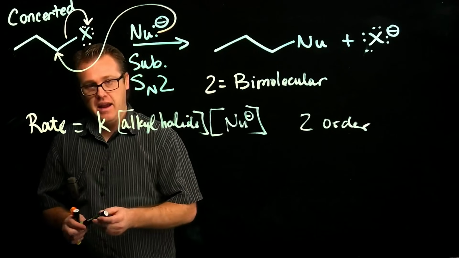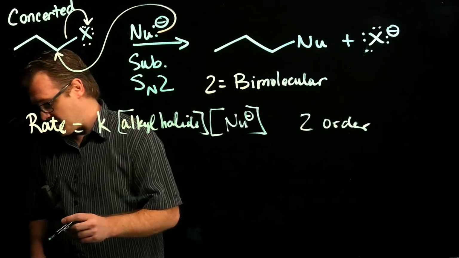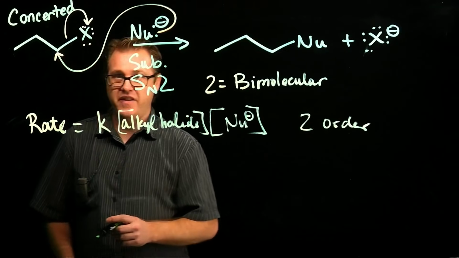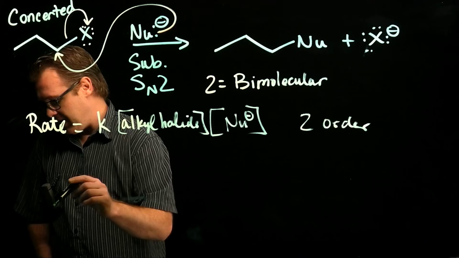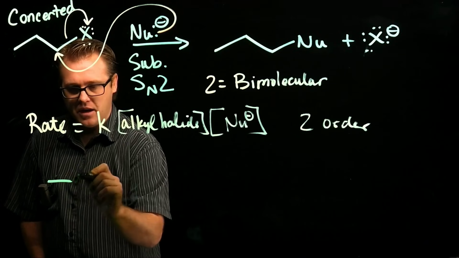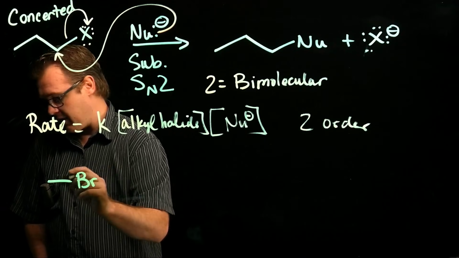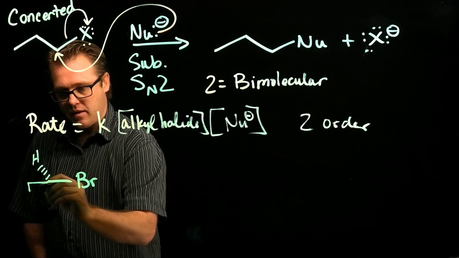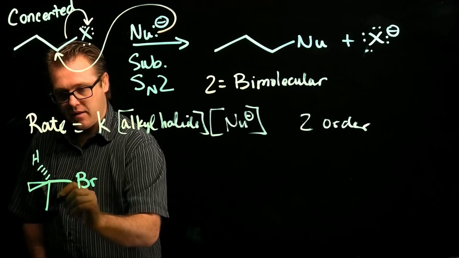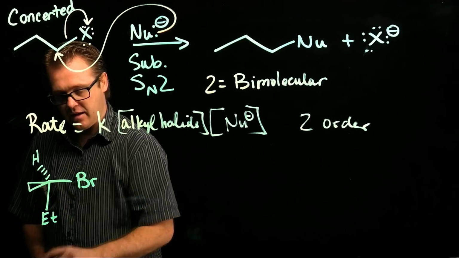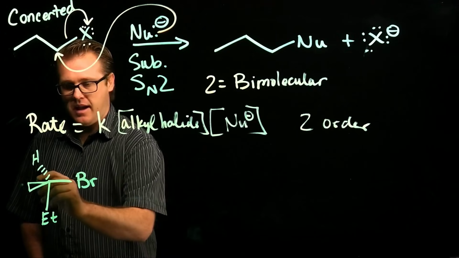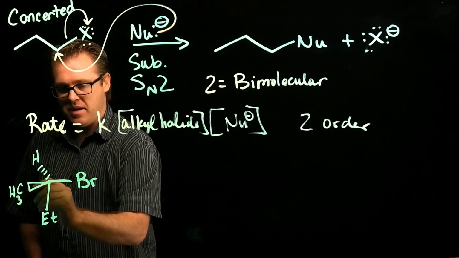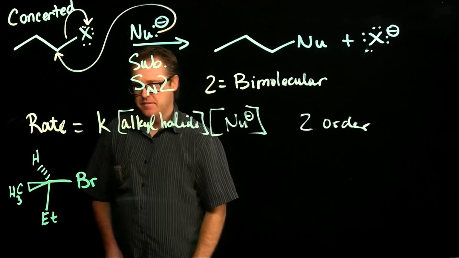Another very important thing about SN2 reactions is the stereospecificity. What do I mean by that? Well, what if I took a molecule that looked like the alkyl halide that looked like this? Now, let's put an ethyl group there, and we will keep that as a methyl. Okay.